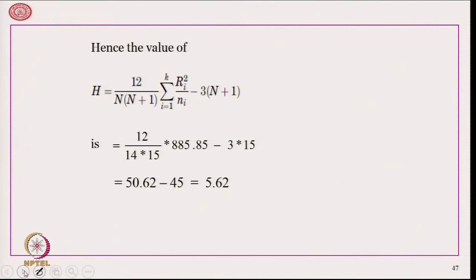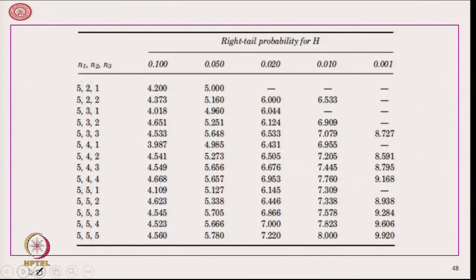Therefore, the value of the Kruskal-Wallis statistic H, for which I have already given you the formula, is 12 upon 14 times 15, times sigma Ri squared by Ni, which is 885.85, minus 3 times 15, which when we simplify gives 5.62.